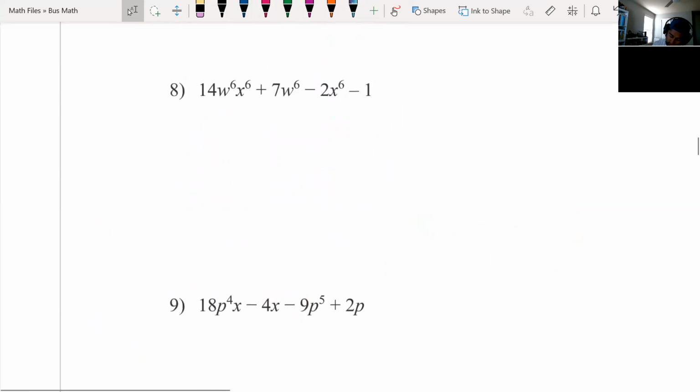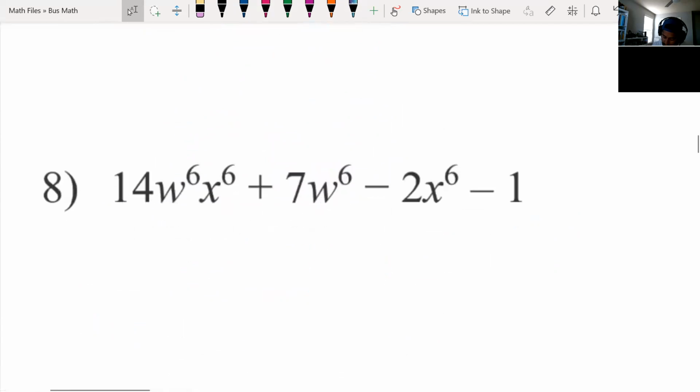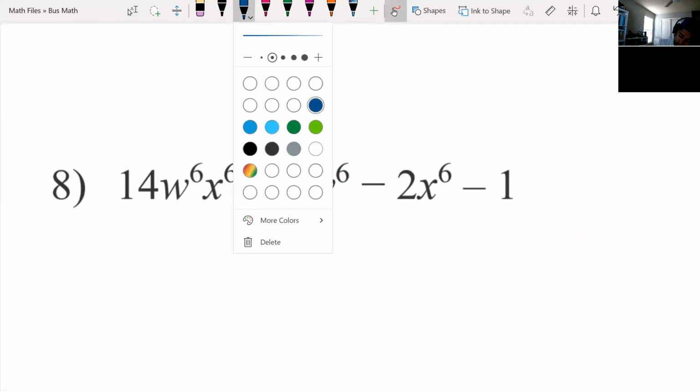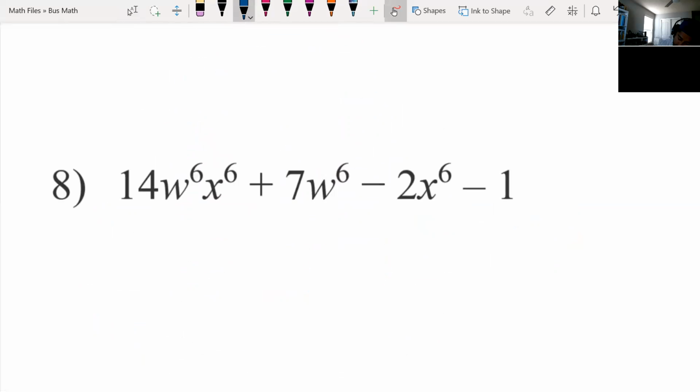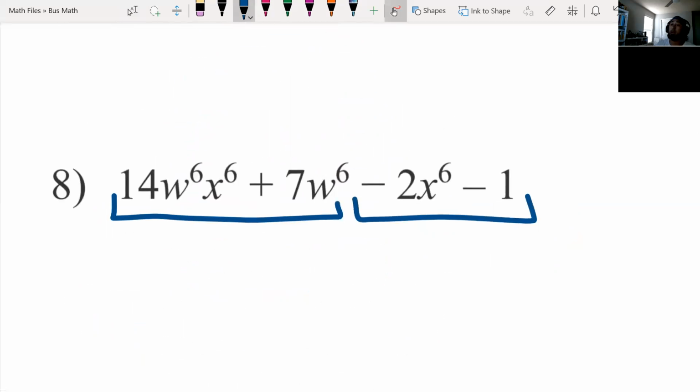All right, number 8. Group them. And the first one, 14w to the 6th x to the 6th plus 7w to the 6th. What is my common factor for these terms? 7w to the 6th.